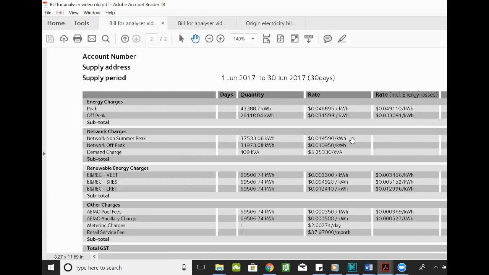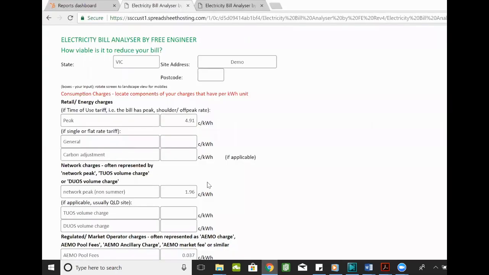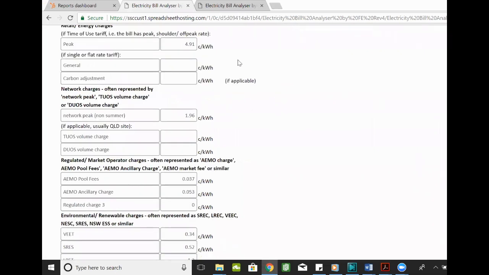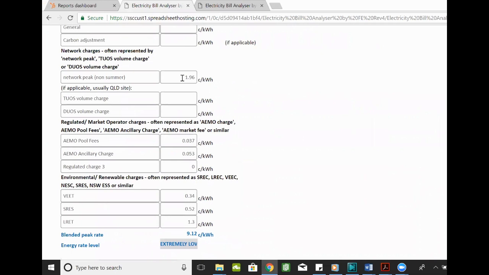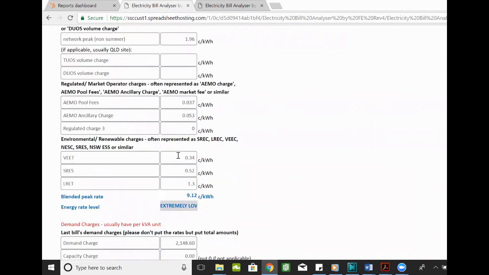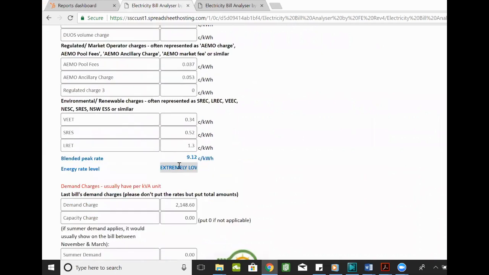Now, if we use our special software, what I've done is transfer some of those relevant charges into this. It's very simple. Just put the numbers in under network charges, retail charges, and the other charges. You can see the total blended rate for the peak rate is actually 9.12 cents. That's very low.